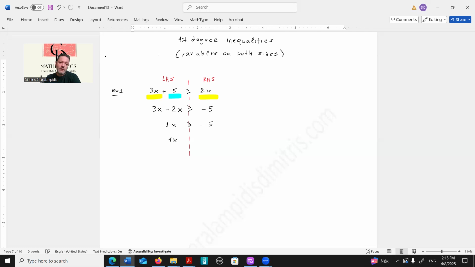Then, not that here it's needed, but let's follow the process. We divide everything by the coefficient of x, which is 1. I divide by something positive, so the order of the inequality remains. -5/1, so overall x is greater or equal than -5. Am I done?